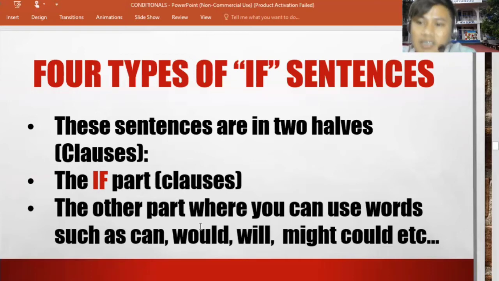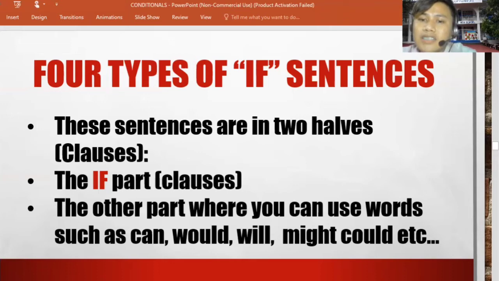The other part is where you can use words such as can, would, will, might, could, etc. All these words are modals that we learned last week, right? Do you still remember these words? In our lesson about modals, I'm sure you still remember. So those are the 2 halves of our clauses in if sentences.